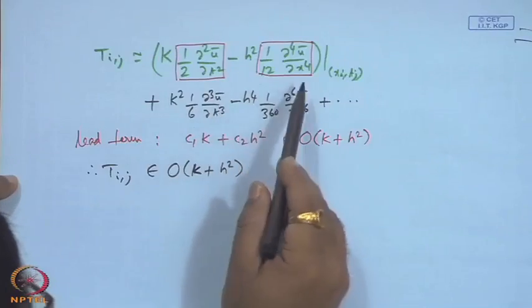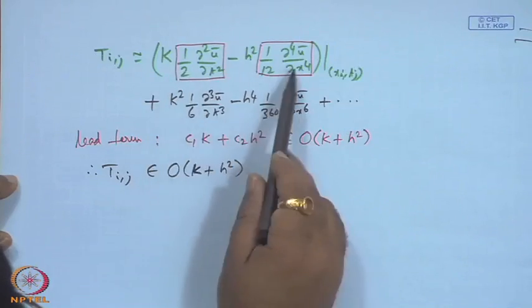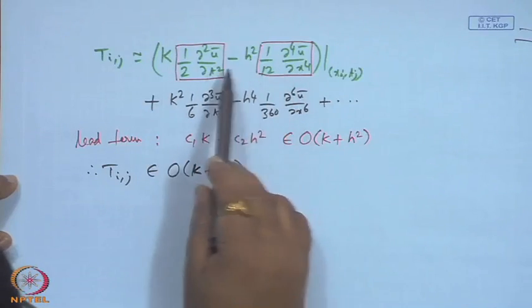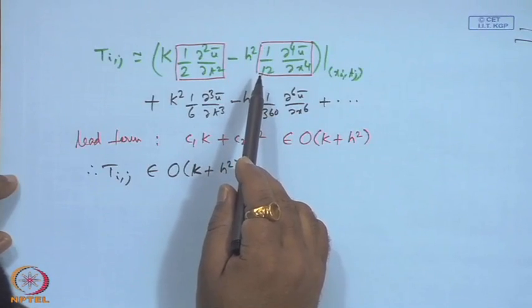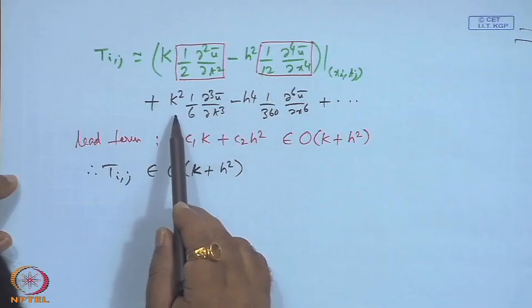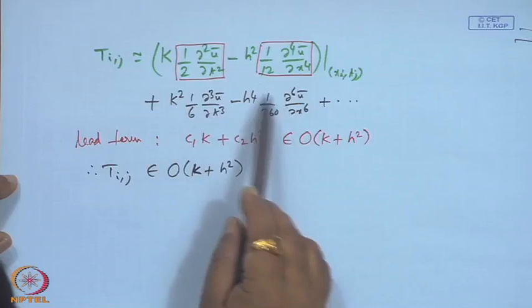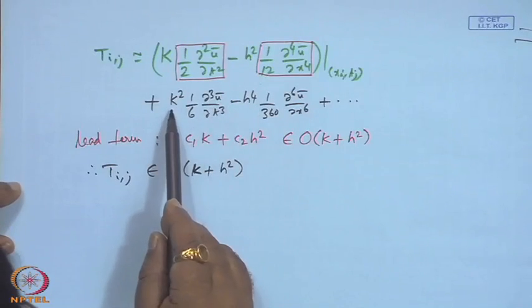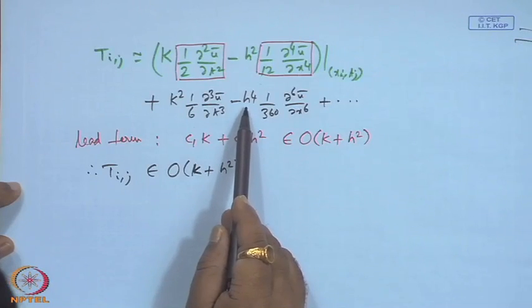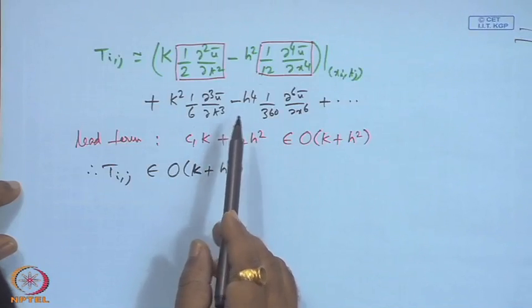If you observe closely, if this term is 0 somehow, then the next non-zero term will be this, where you have k square and h 4. That means you are going to minimize the error.